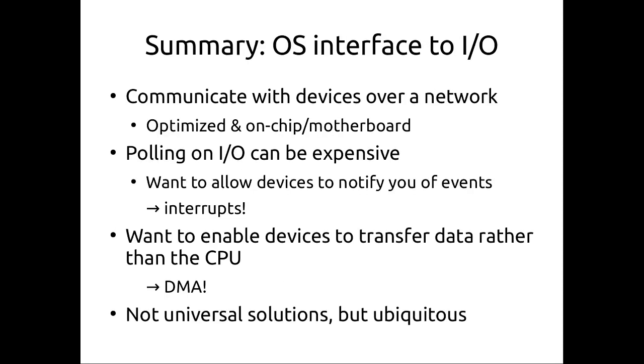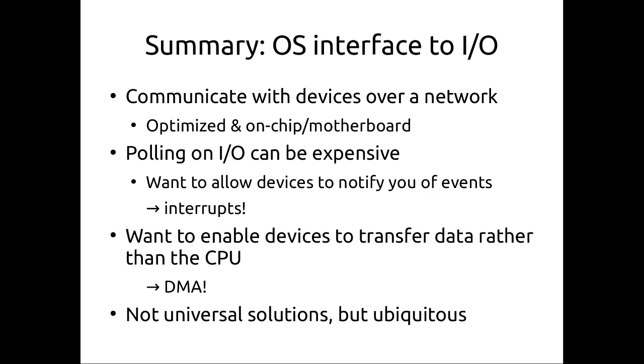So what we've talked about then is effectively how the operating system interacts with I/O devices. We started from a position where the operating system talks over very slow networks to the device controllers, and therefore the CPU gets slowed down to the speed of those device controllers, and in the worst case, the devices themselves.